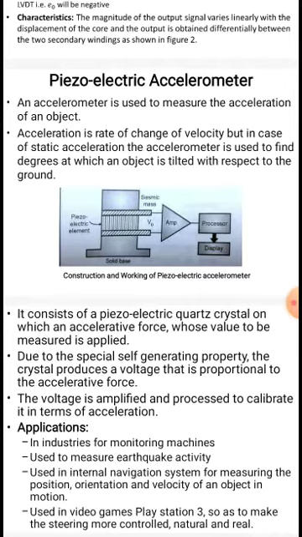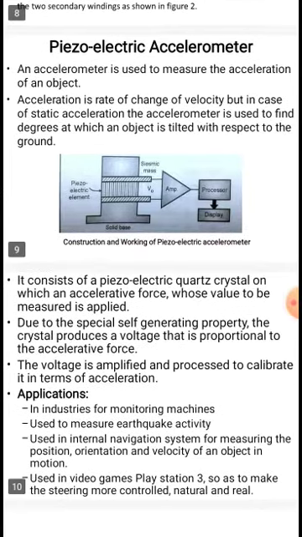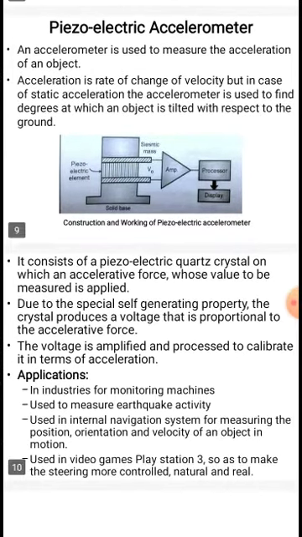Let us take a simple example: the construction and working of a piezoelectric accelerometer. Acceleration is the rate of change of velocity, but in case of static acceleration, it is used to find the degree at which the object tilts with respect to the ground. The piezoelectric material is usually a quartz crystal because its stability is much higher than others. Crystalline material is useful for that.